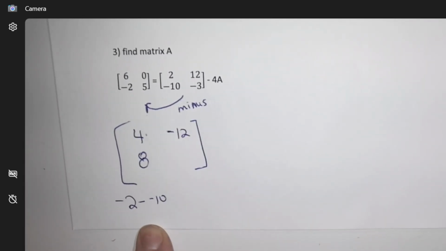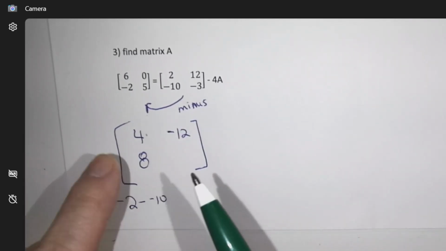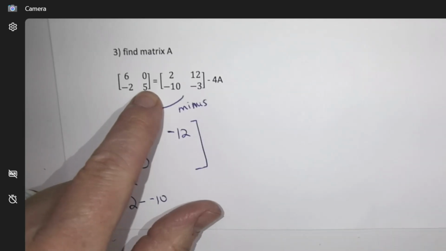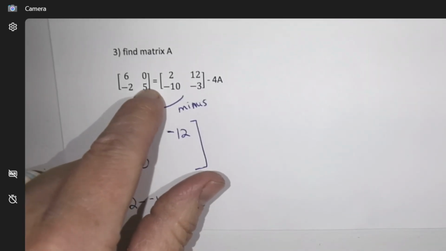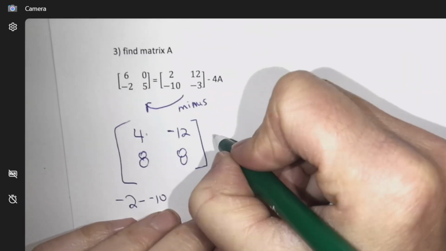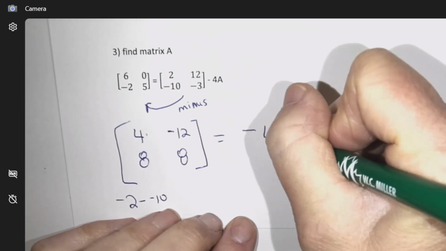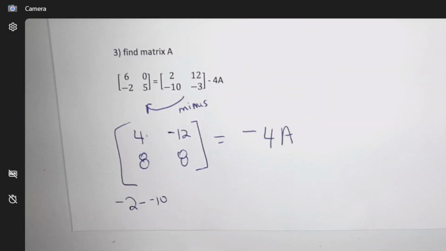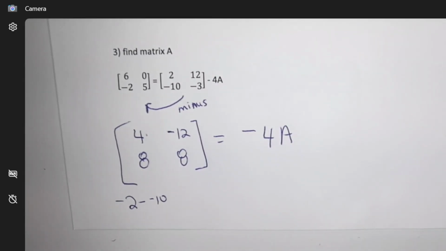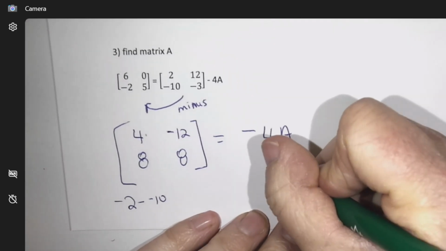Is that good? And same thing here, 5 subtract negative 3. 8. And then I would still have that. So this is just algebra again. So then what would I do?